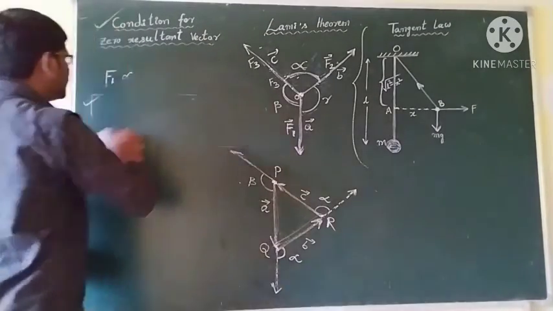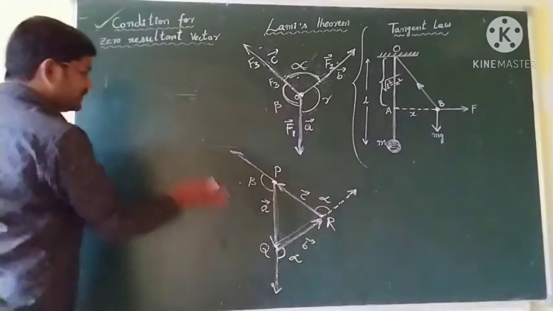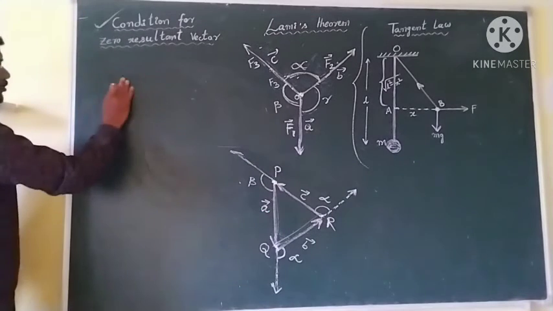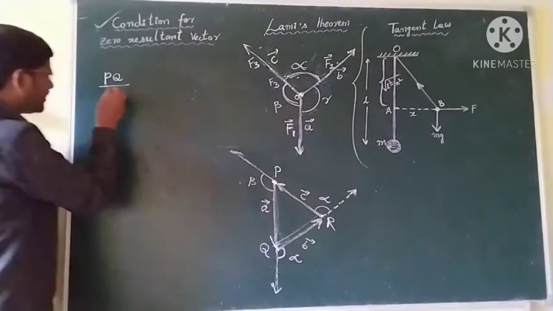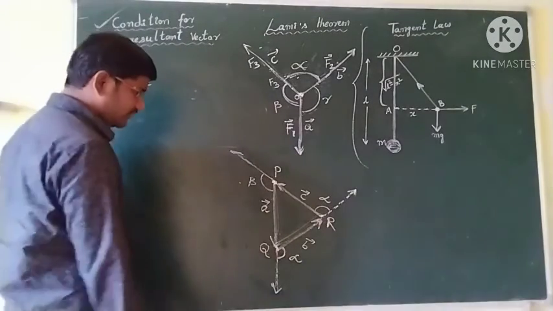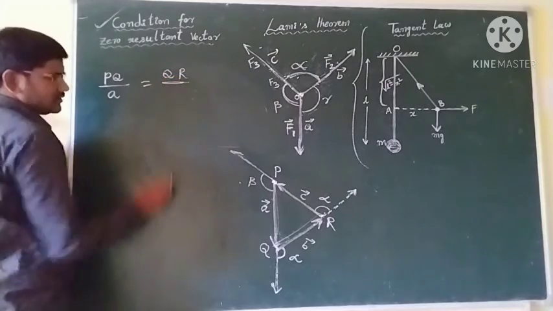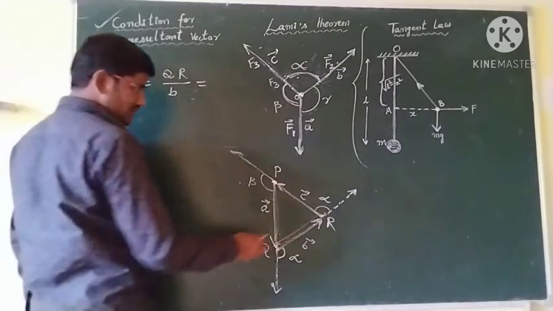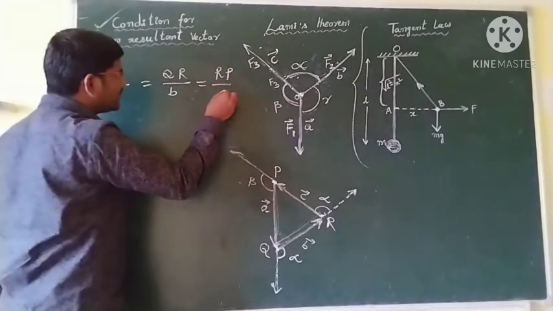And see my dear students, those three forces are representing the three sides of a triangle, we know. Then the length of this side is called PQ. So PQ by A, the representing vector, is the same as QR by B, and the same as RP by C. It is constant.